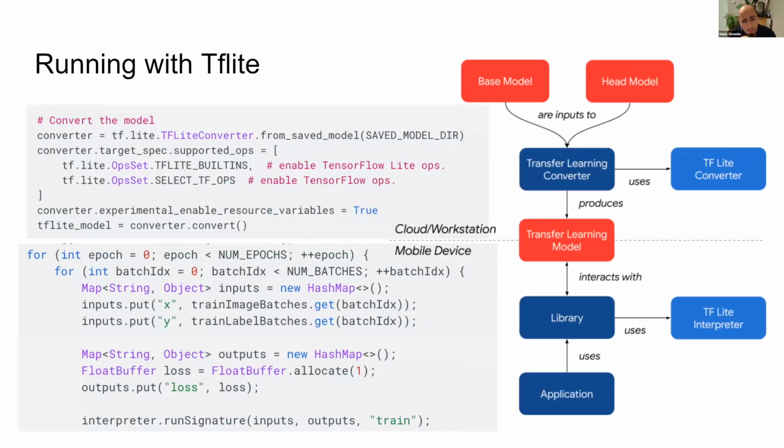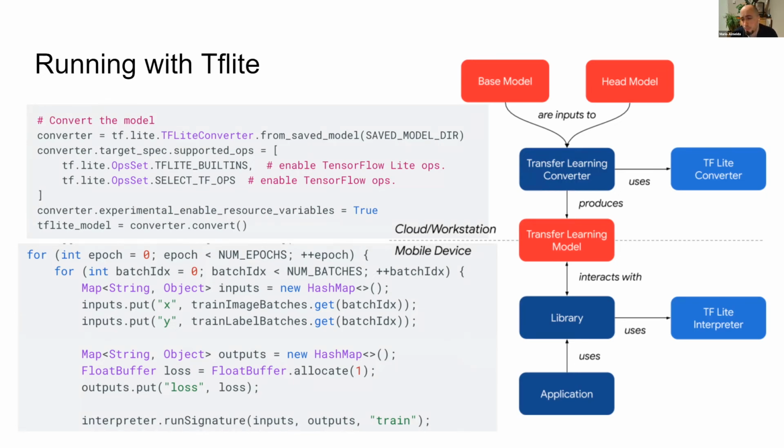So the example of transfer learning, which is the one that has the most documentation right now: typically, on your desktop, you train the model, then you put the model through the TF-Lite converter, convert it to a TF-Lite model, and deploy it on the mobile phone.